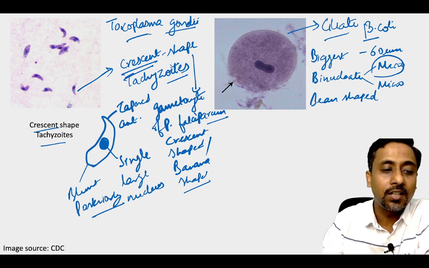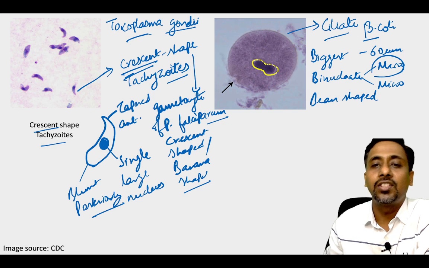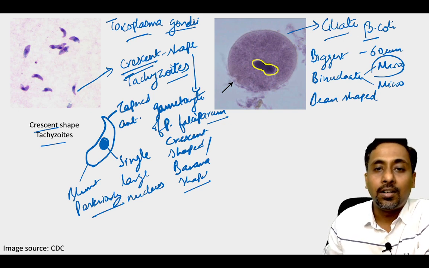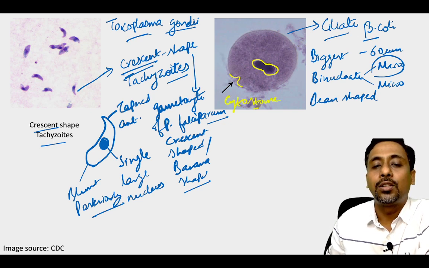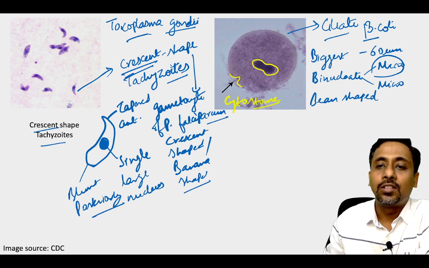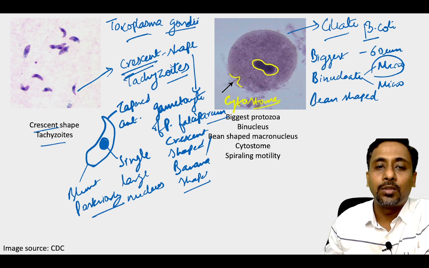If you see in this diagram, the bean shaped macronucleus can be seen, and also you can see an opening there. This opening, which is present in the trophozoite of Balantidium coli, is called the cytostome, the opening of the cell. Okay, so these are the characteristics of the trophozoite of Balantidium coli.